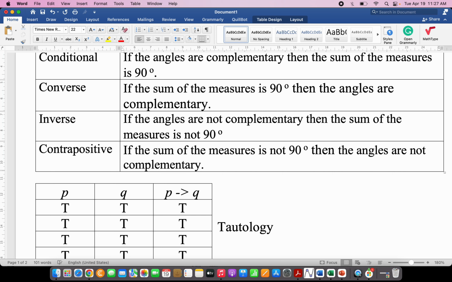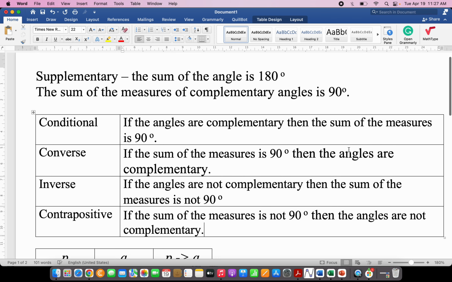Another example. Okay. Sige. Sir, paano po kapag number yun? Kapag number, madali lang naman yan.